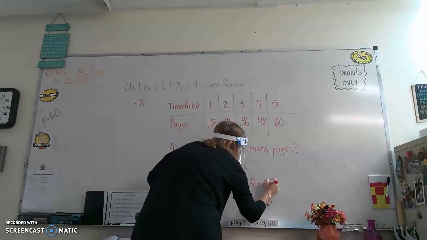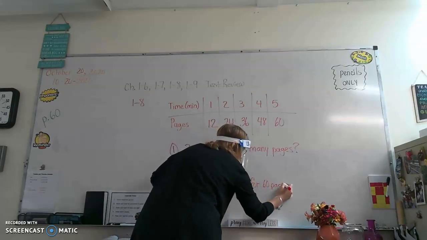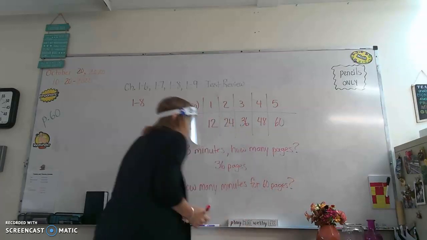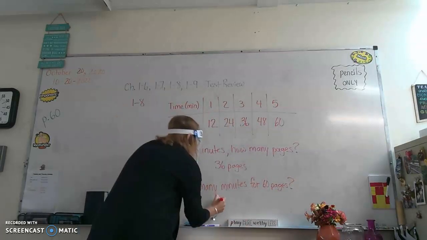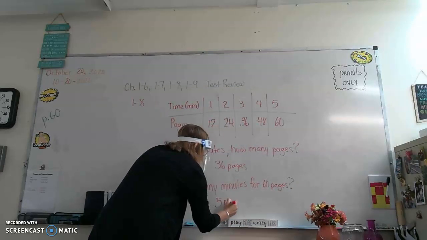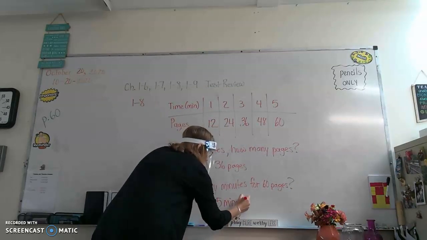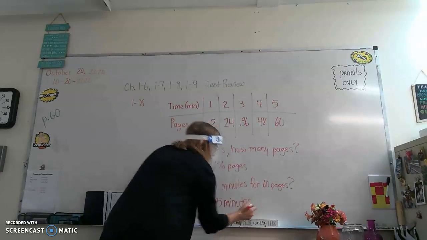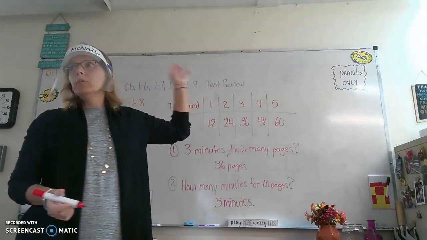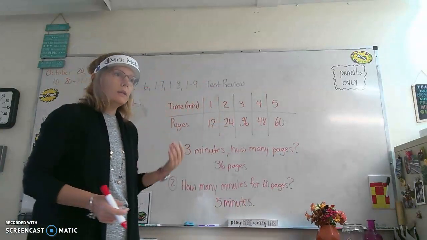Yes. And the answer is 5 minutes. And so the table on your test, of course, is over different information, but you're going to read it the same way to get the answers.